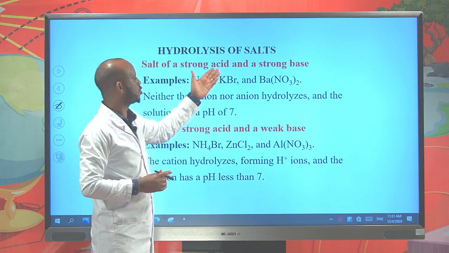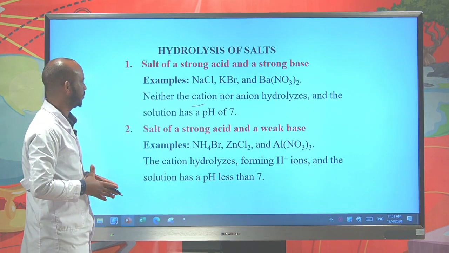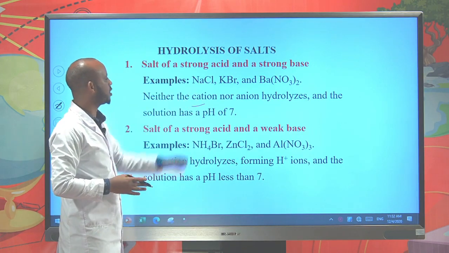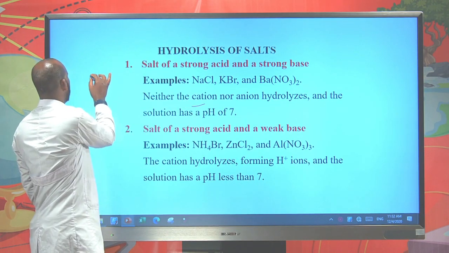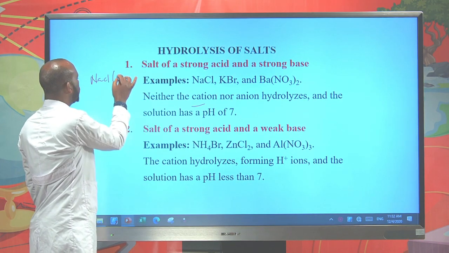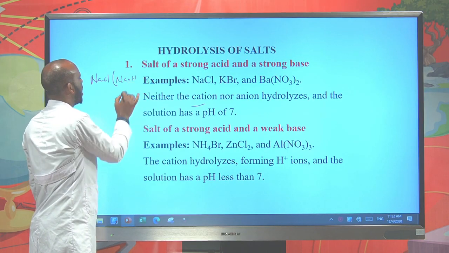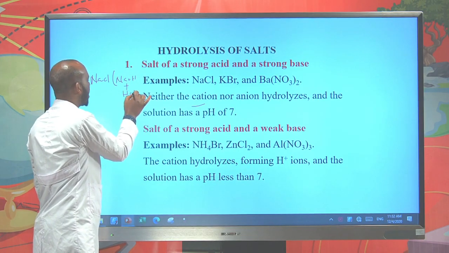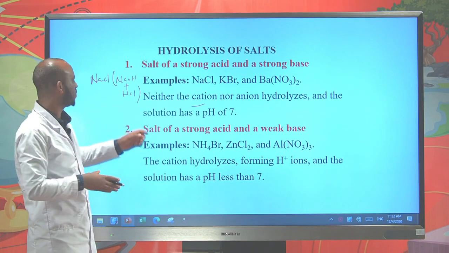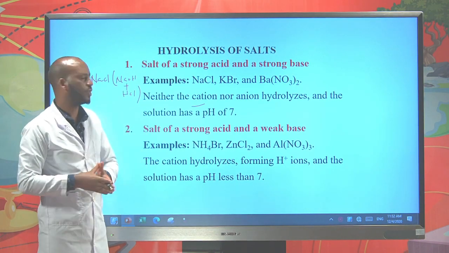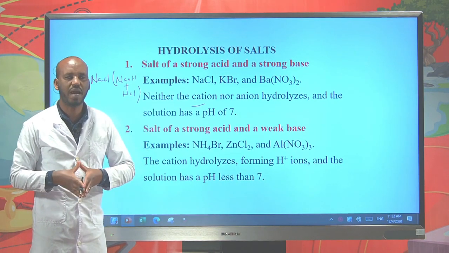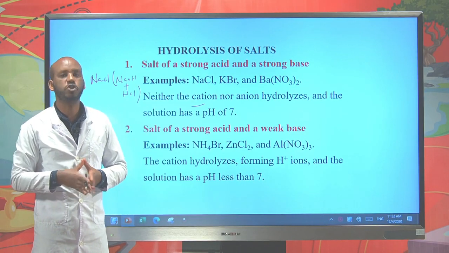Example, sodium chloride. Sodium chloride is the salt derived from the strong base sodium hydroxide and the strong acid hydrochloric acid. Now, what happens to the pH of this solution if sodium chloride is dissolved in water? Does the solution become acidic, basic, or neutral?